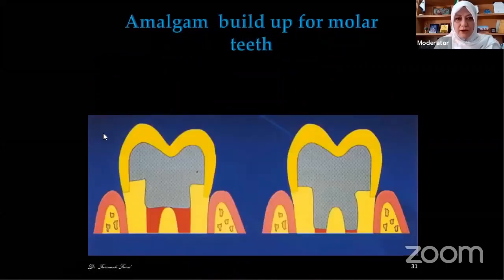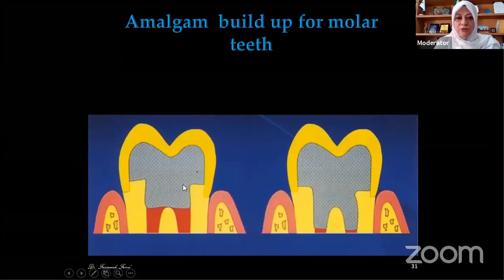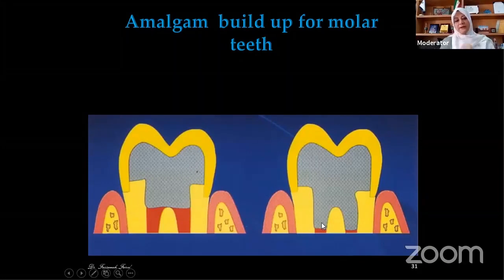If you are using amalgam build-up and then the crown, it's better not to extend the amalgam inside the canals, because if for some reason you have to remove the crown and amalgam, it is not easy to remove the amalgam that is extended inside the canals, because you can see there, and there is a high risk of perforation.